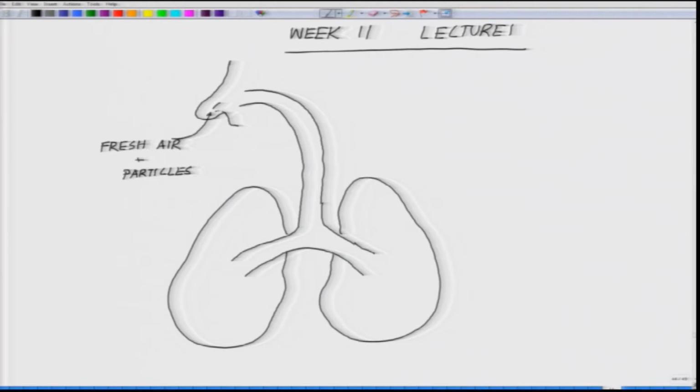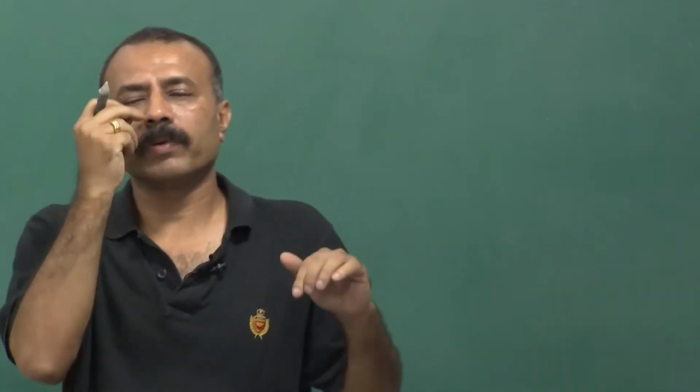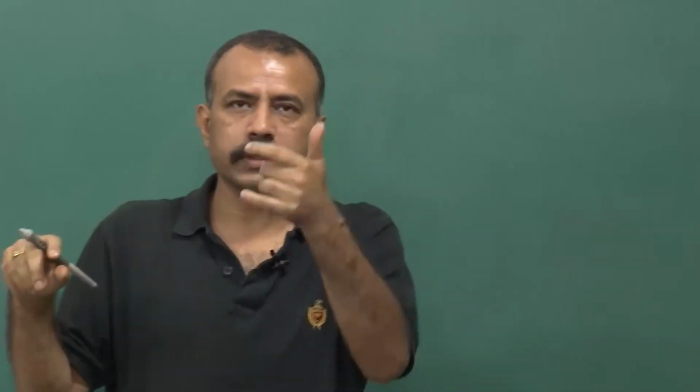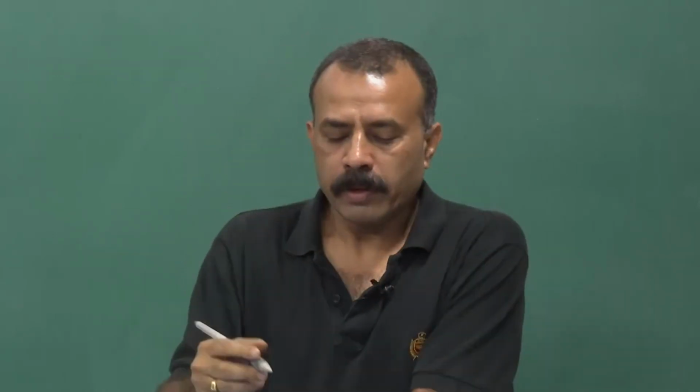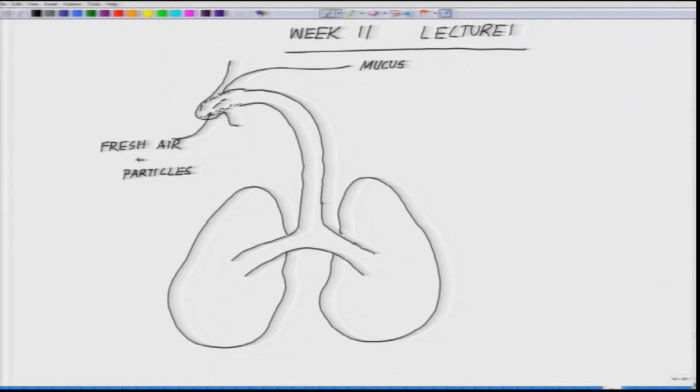So, much of it gets stuck in the mucus of the nose. Many a times we put our fingers in the nose and take out that mucus which looks dirty. That is essentially where most of these particles get stuck, and the fresh air travels along this tube.